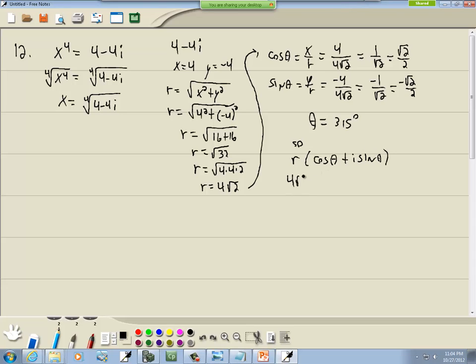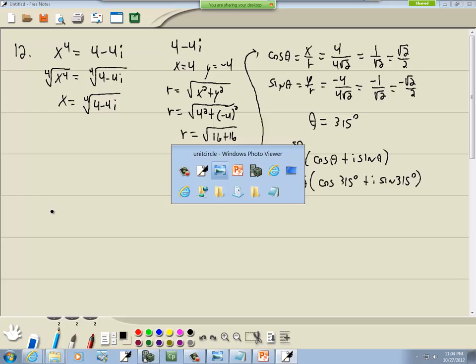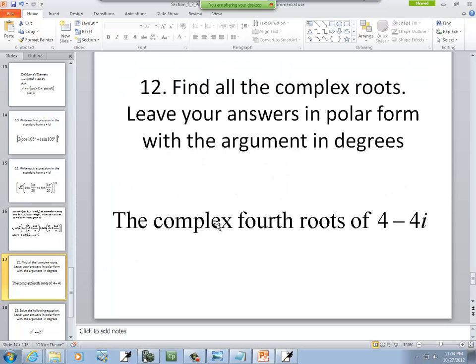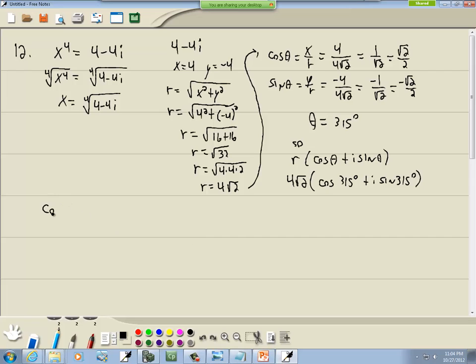R is 4 square root of 2, and then we have cosine of 315 degrees plus i sine of 315 degrees. So that's what we're working with. What are we finding? The complex fourth roots of 4 square root of 2 times cosine of 315 degrees plus i sine of 315 degrees.